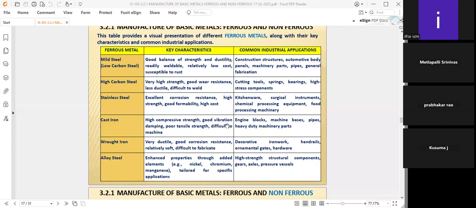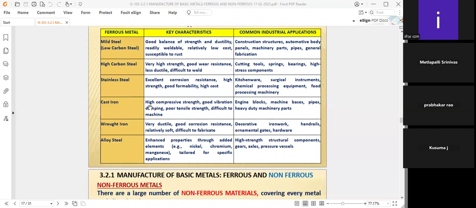Processing machinery. Coming to cast iron, we can say high compressive strength, good vibration damping, poor tensile strength and difficult to machine. Engine blocks, machine bases, pipes and heavy duty machinery parts can be made from cast iron.